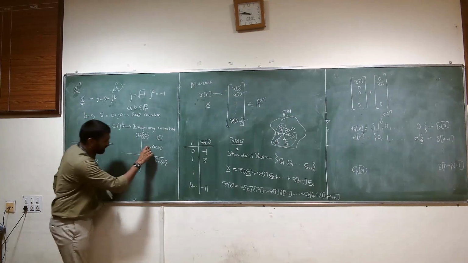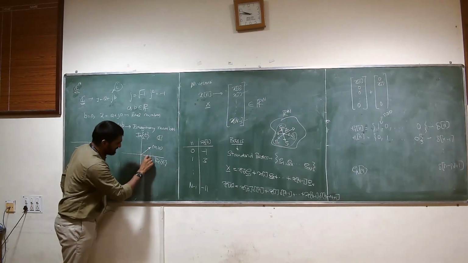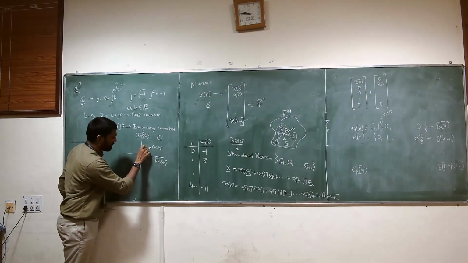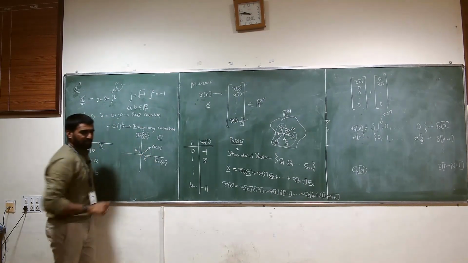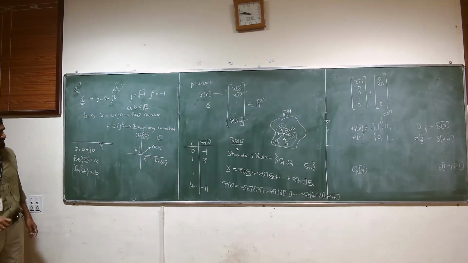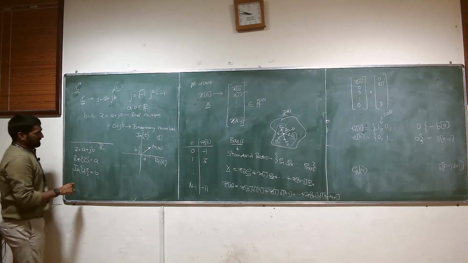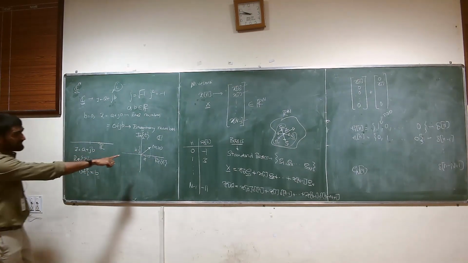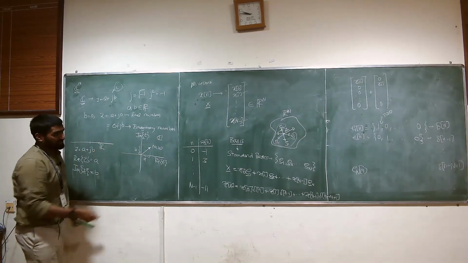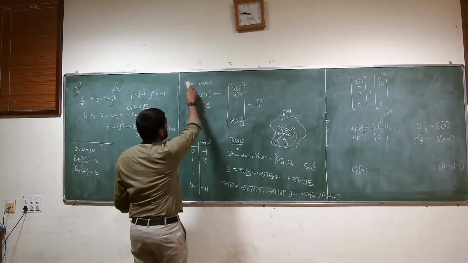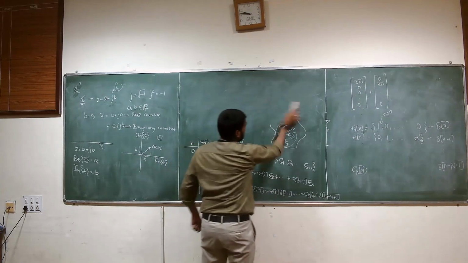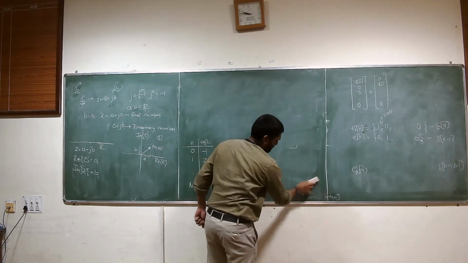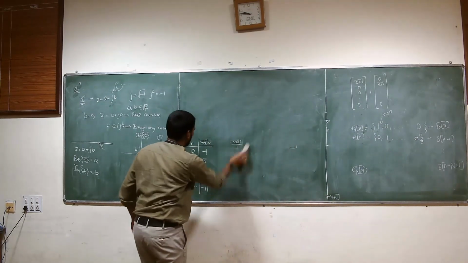If you drop a perpendicular from here to here, this will be a, and from here to here, this will be b. Because we can think of complex numbers as vectors in the complex plane, we can talk about the length, or magnitude, of a complex number.